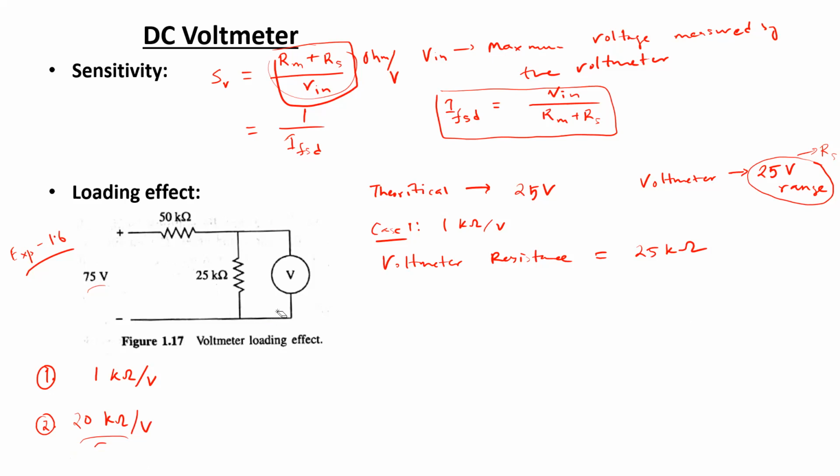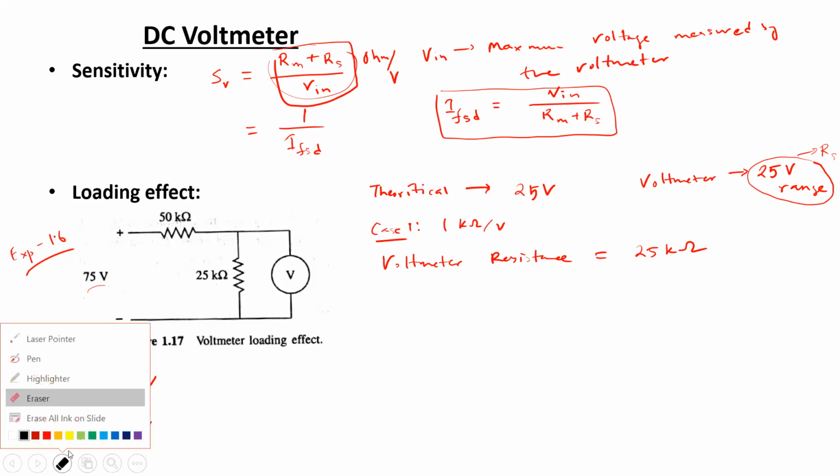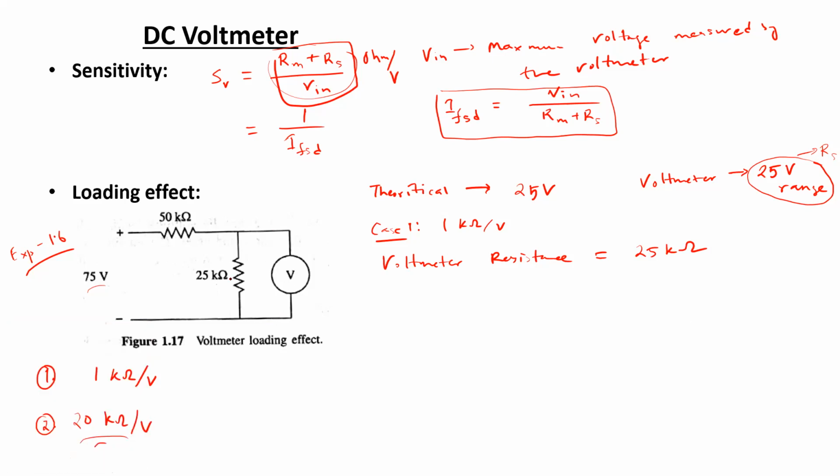So for the first case, we can consider that along with the 25 kilo ohm load, a voltmeter is connected that is having an internal resistance of 25 kilo ohms as well.